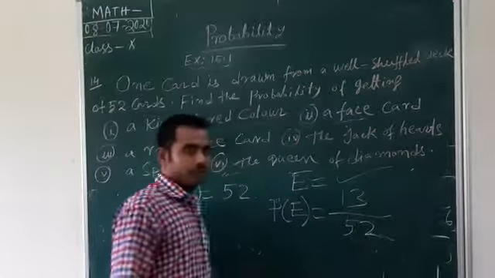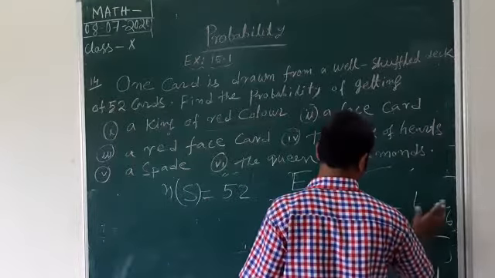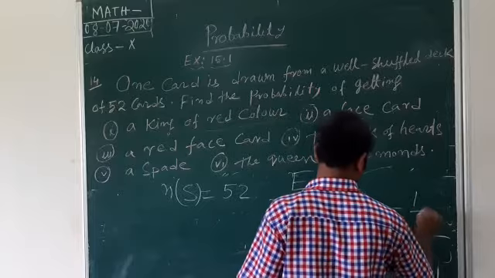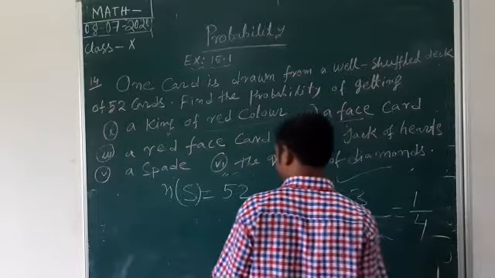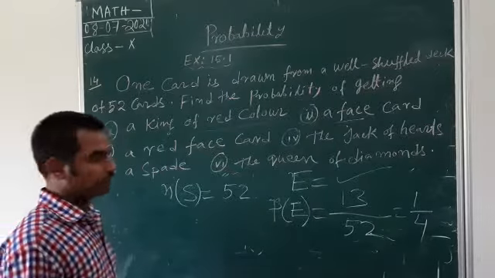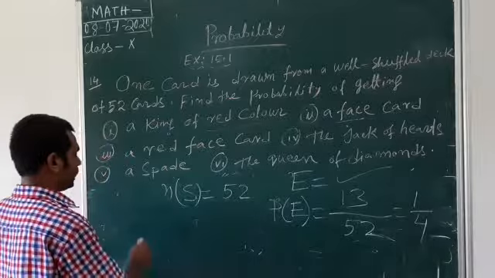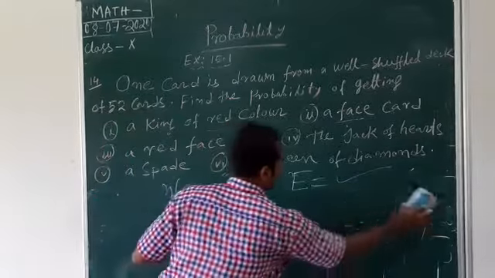So 13 by 52. That is equal to 1 by 4. Clear?